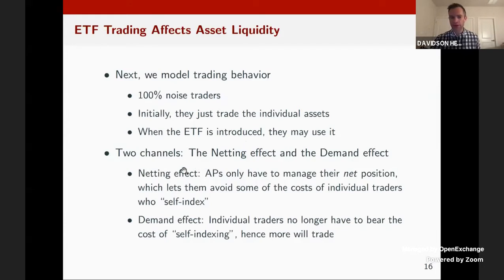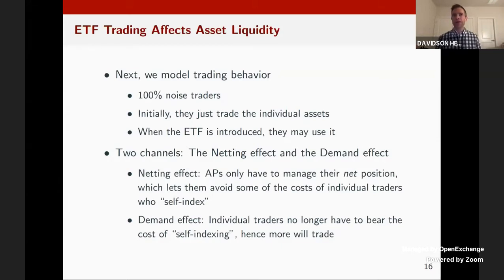The first is the netting effect. The key insight there is that initially, for the homemade indexers, let's say 10 end up buying and 10 end up selling to them, so they're going back and forth. Or let's say on net, 12 end up buying and 10 end up selling, so on net it's a +2.